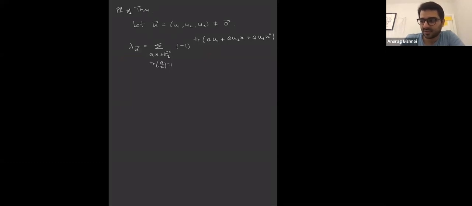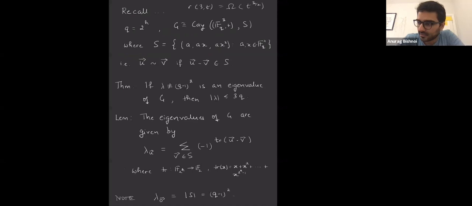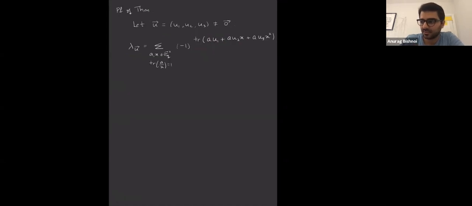If you just take the dot product, then note that the element here is (a, ax squared). If your vector u is (u1, u2, u3), take the dot product, you get something like this. All right. Now, to simplify the sum a bit, let's just do this substitution. Let y equal a over x.